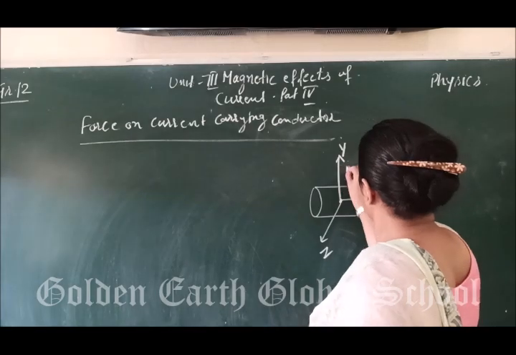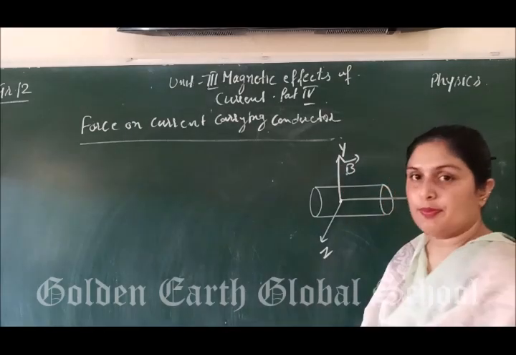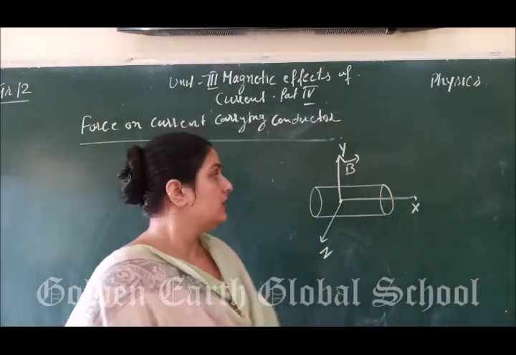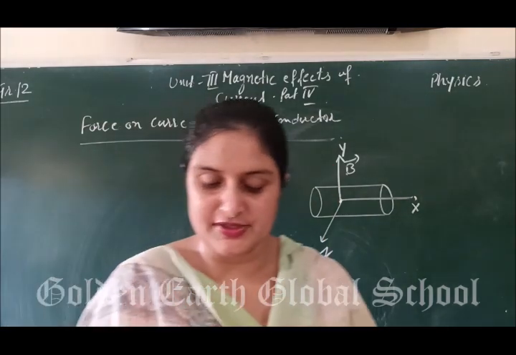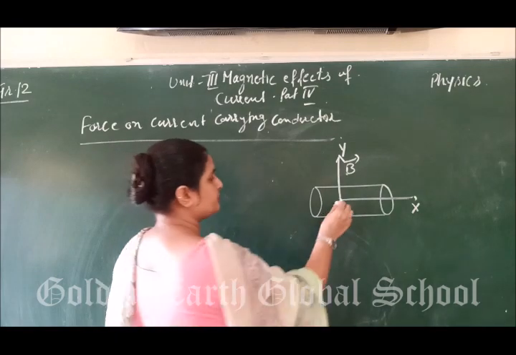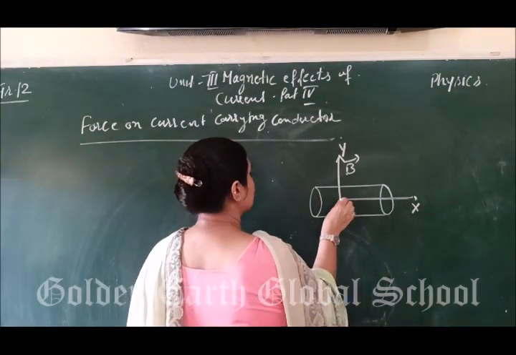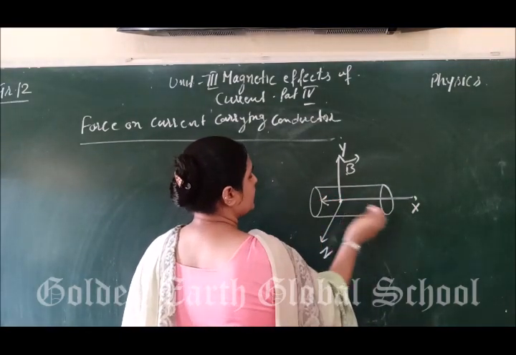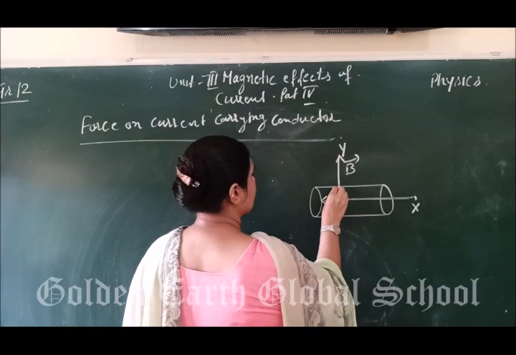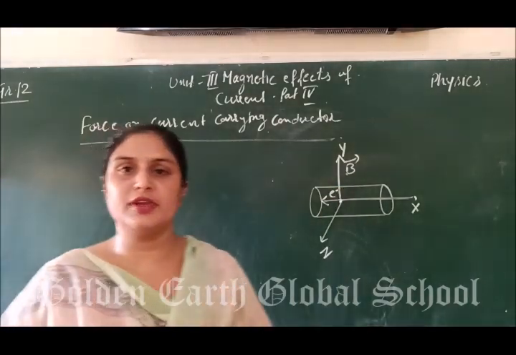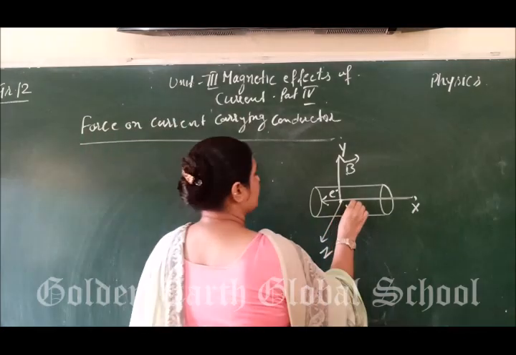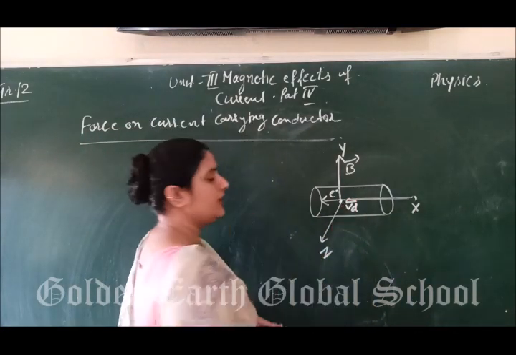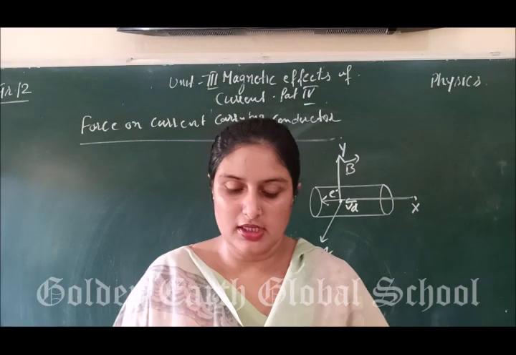Let us suppose magnetic field B is applied along the y-axis, and the electron is moving along the negative x-axis with drift velocity Vd. Vd is the drift velocity of the electron.